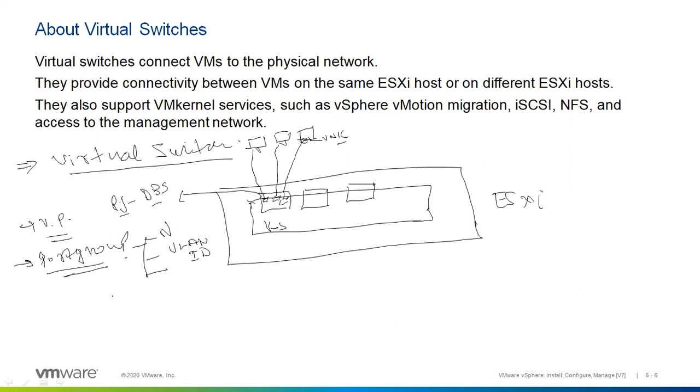In the same way, if I create another port group, with the name PG app 1, I will again provide a name and a VLAN ID as well.